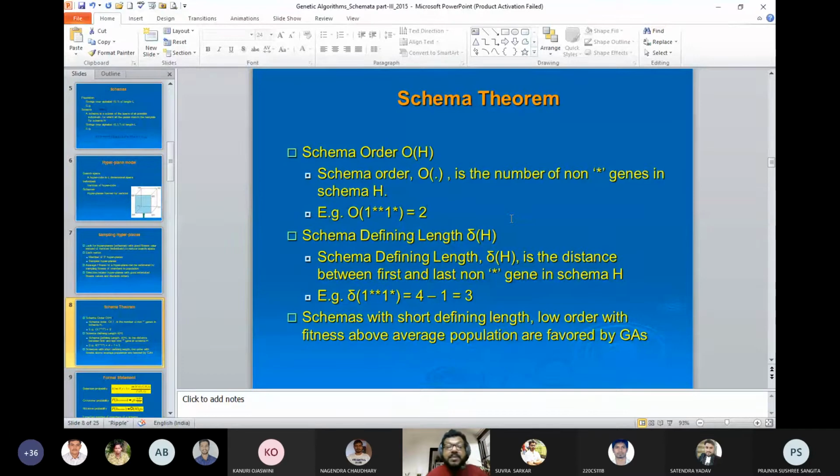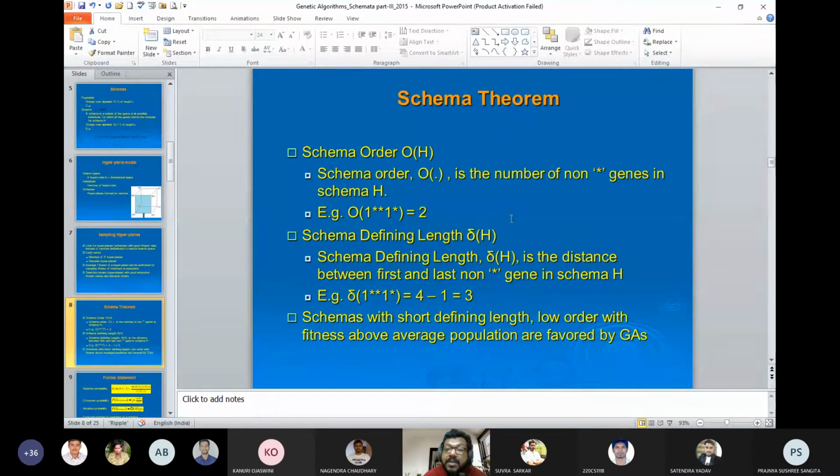It's very simple. Second is the schema defining length, or simply the length, which is represented by delta, corresponding to a given schema. In the example we have 1 star star 1 star. The schema defining length is the distance between the first and last non-star positions.